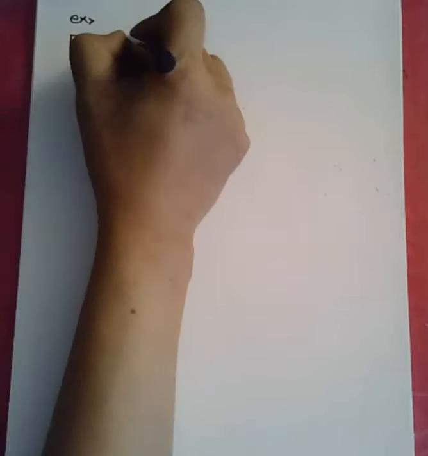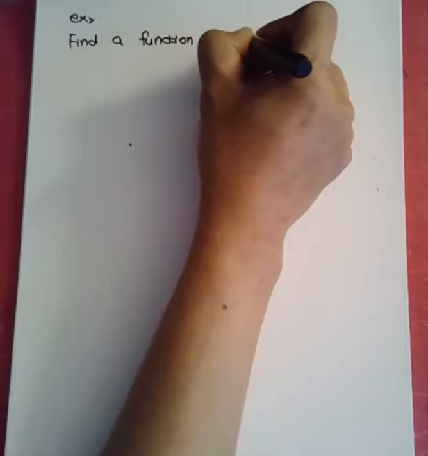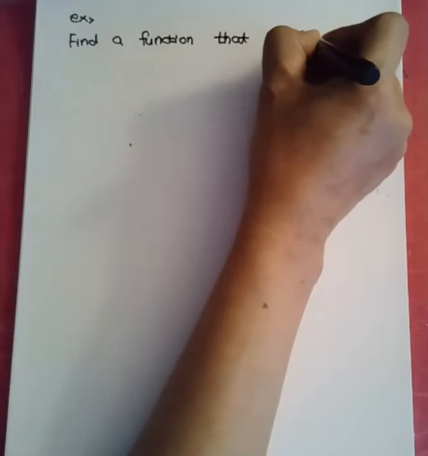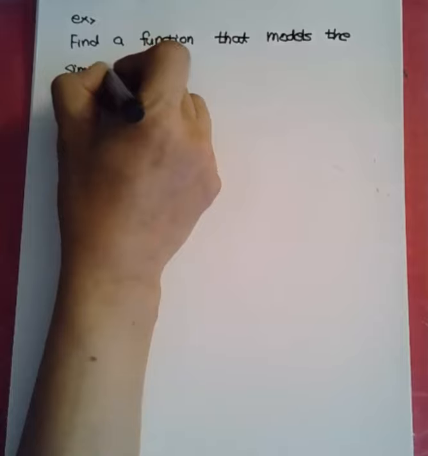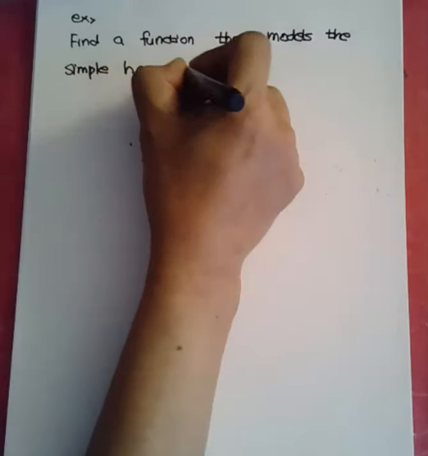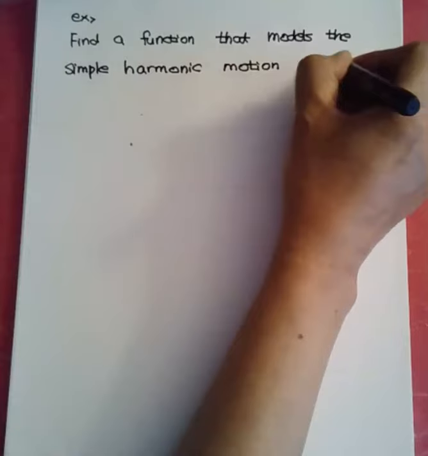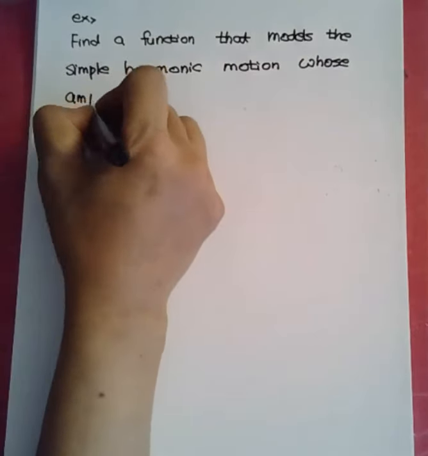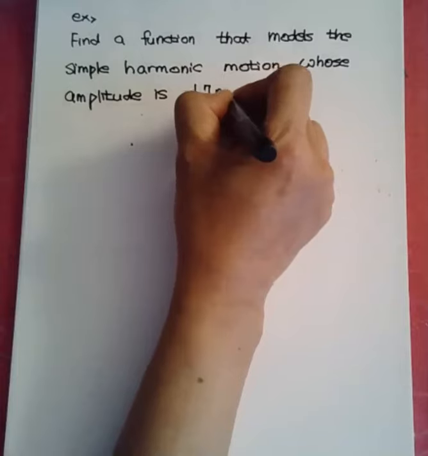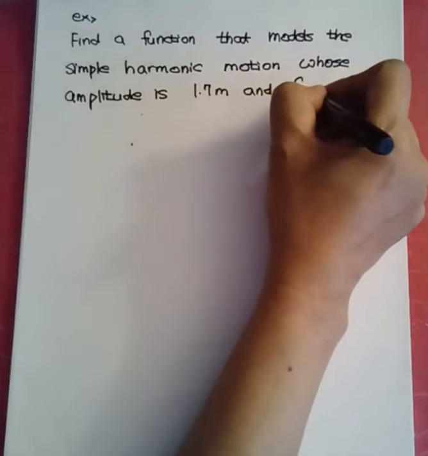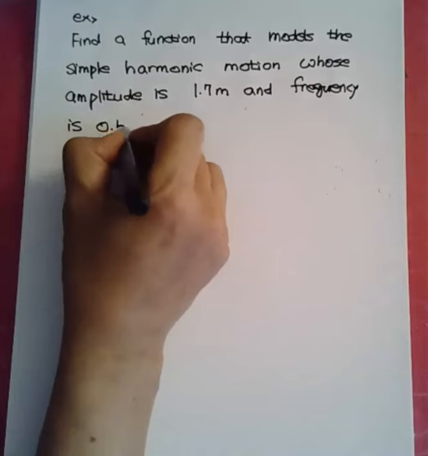Find a function that models the simple harmonic motion whose amplitude is 1.7 meter and frequency is 0.5 hertz.